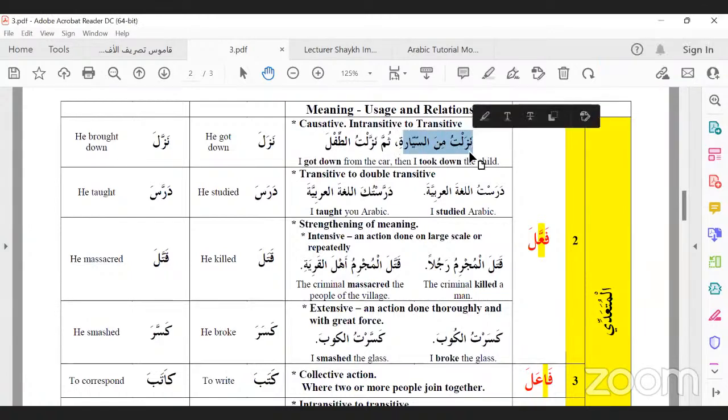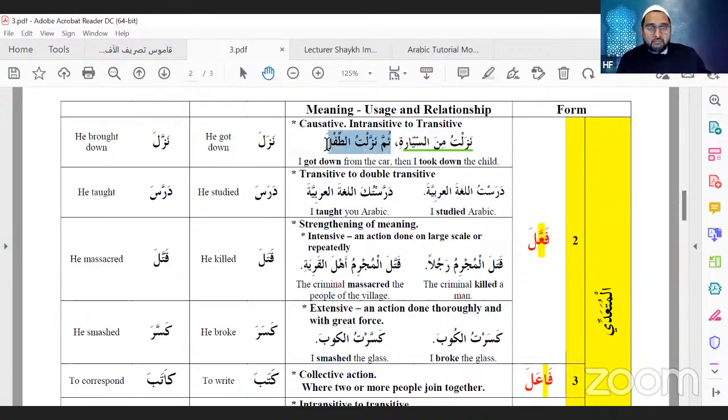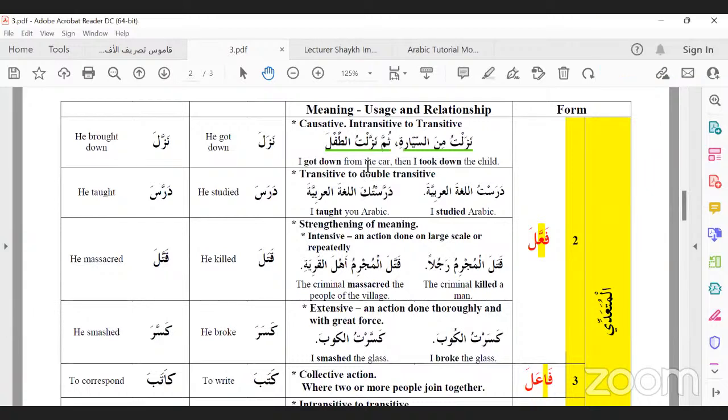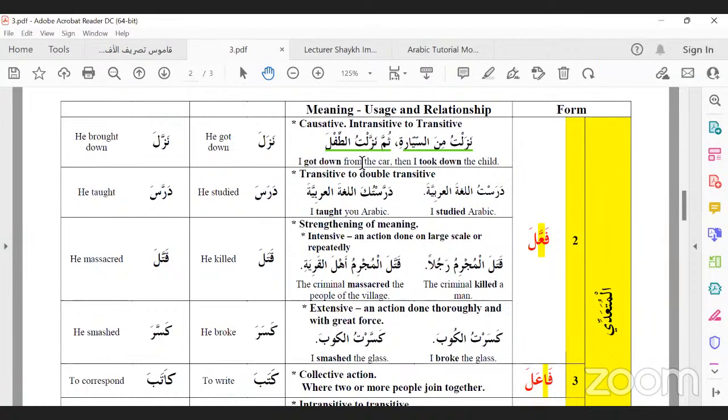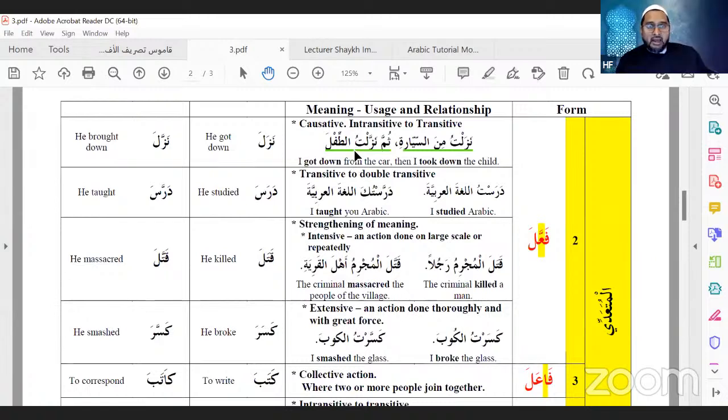But over here, it says thumma nazzaltu. Nazzaltu is the verb, and who is doing the action of getting down? It's the child that's been brought down. But who is doing the action of bringing the child out? I am. I am, and al-tifla is the object.